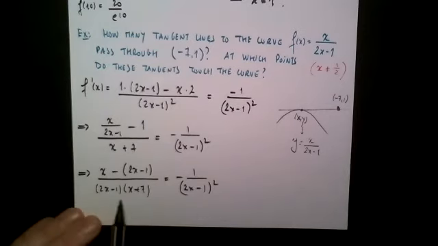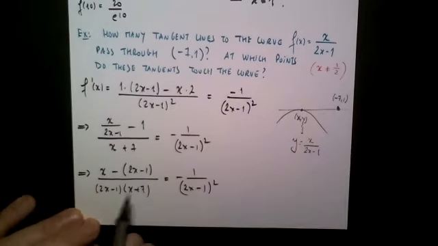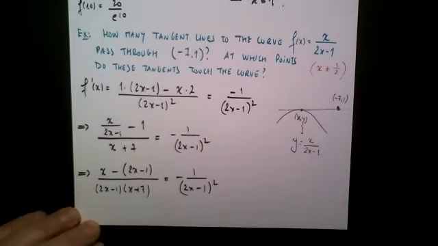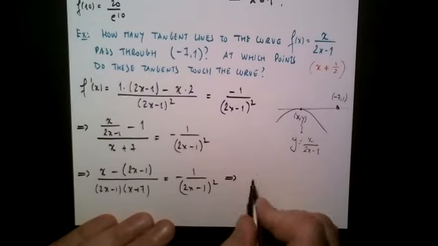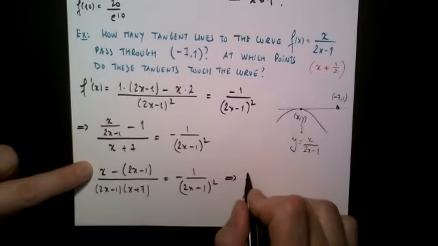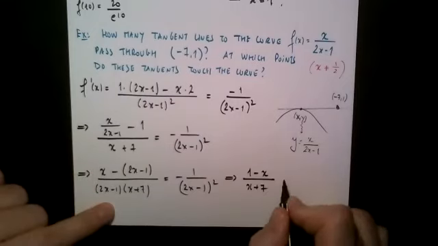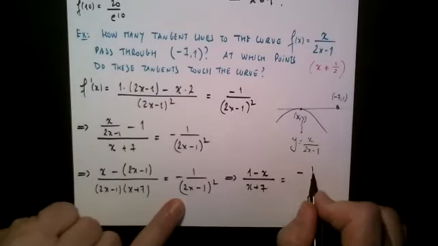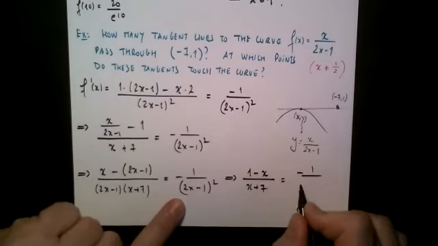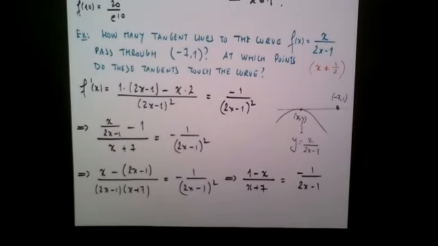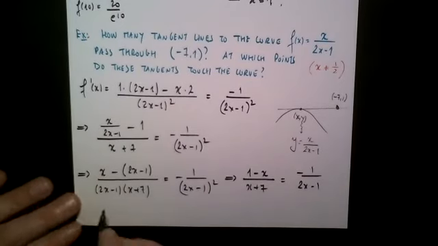Well, since x is not equal to 1/2, I could definitely cross out a 2x minus 1 from each side. So on top here I have 1 minus x. On the bottom I will have x plus 7, and here we'll have -1 over 2x minus 1, since x is not equal to 1/2. I could get rid of one of them. And that's what I need to solve.